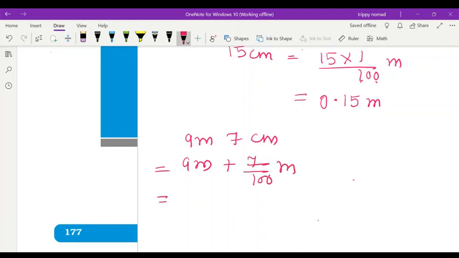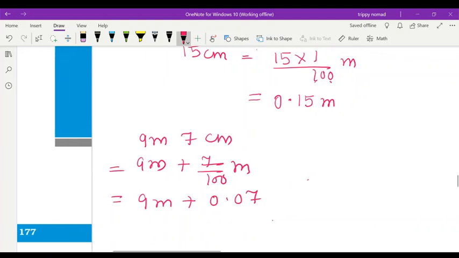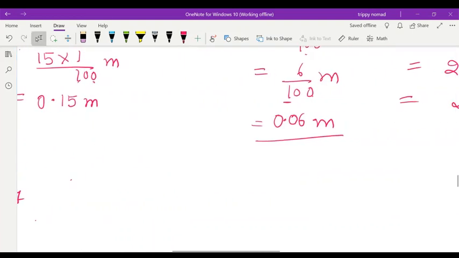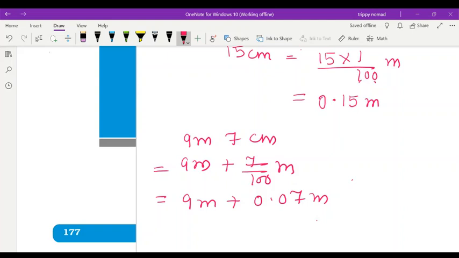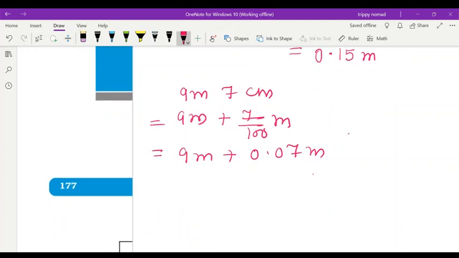Then 9 meter plus 0.07. As I taught you before, you see 0.06, so same way you will write here. 0.07, 1, 2, so here 0 will come. So it will become 9.07 meter. I hope you understood. So this will be your answer.